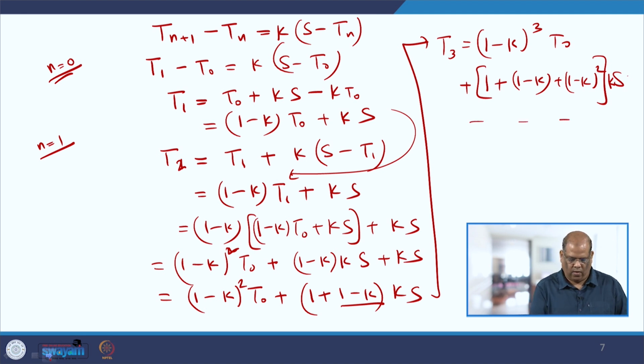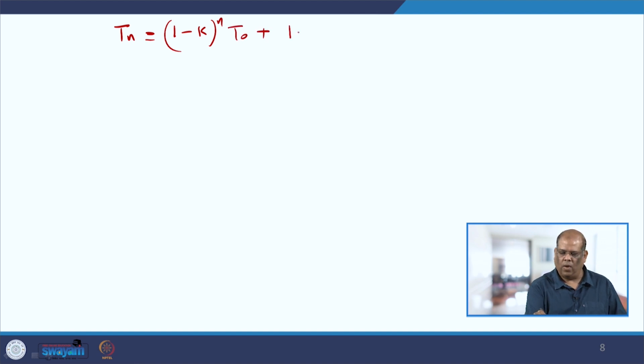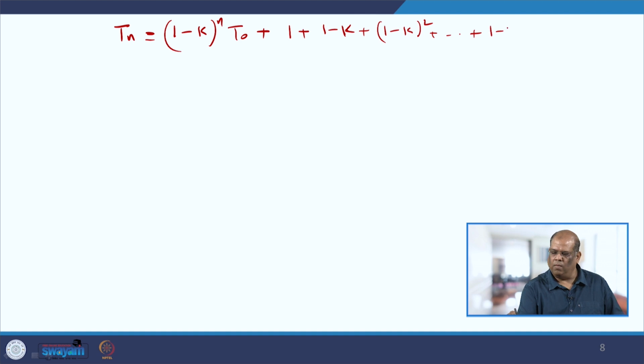So, if I want Tn, this will be (1 minus k) to the power n into T0 plus (1 plus (1 minus k) plus (1 minus k) square plus ... plus (1 minus k) to the power n minus 1) multiplied by kS.